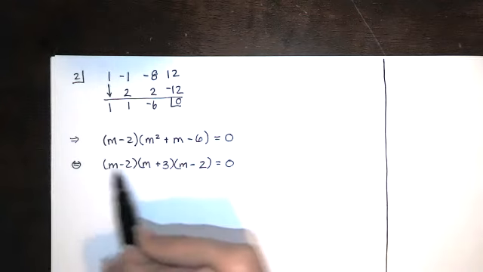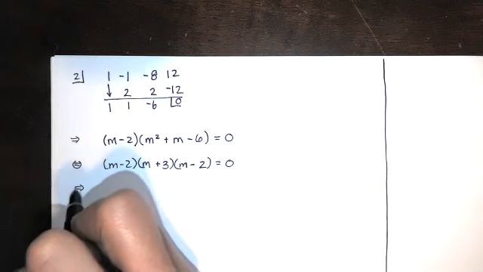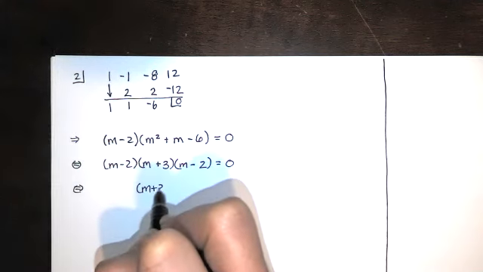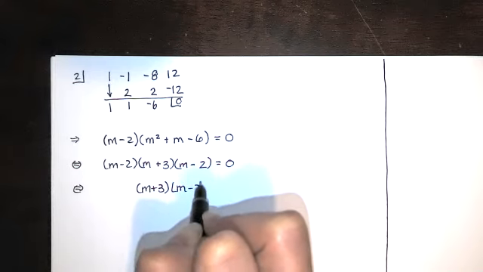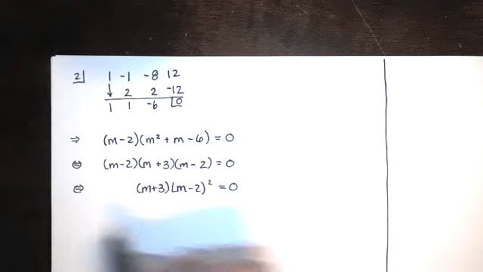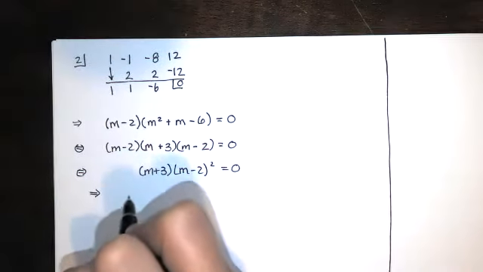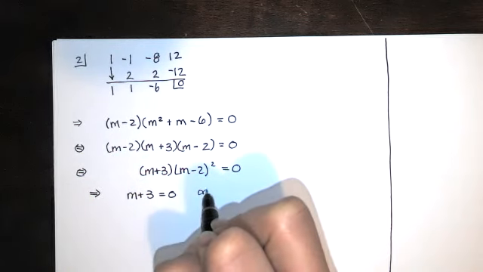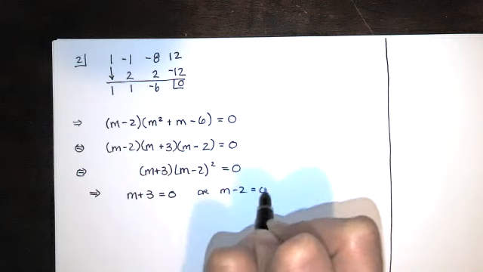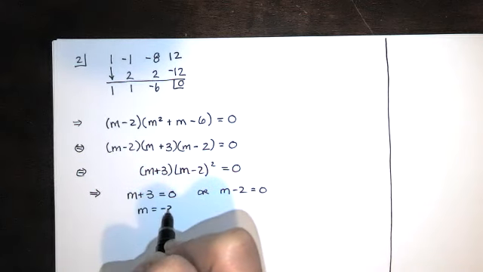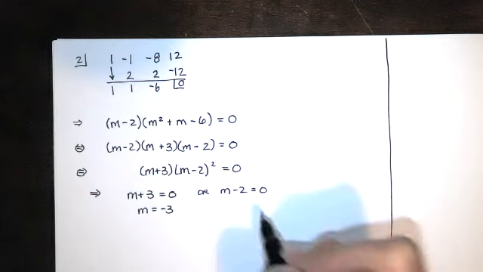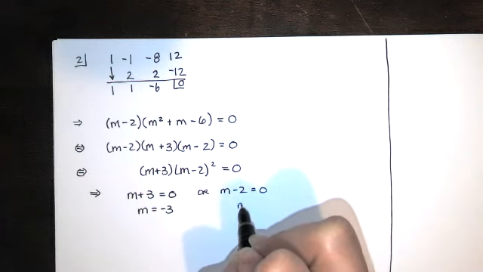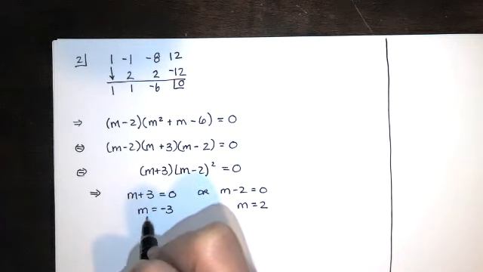And then I look at this and I have an m minus 2 twice. So I'll write that as m plus 3 times m minus 2 quantity squared equals 0. So either m plus 3 equals 0 or m minus 2 equals 0. And if we subtract 3 from both sides, we get m equals negative 3. If we add 2 to both sides, we get m equals positive 2.